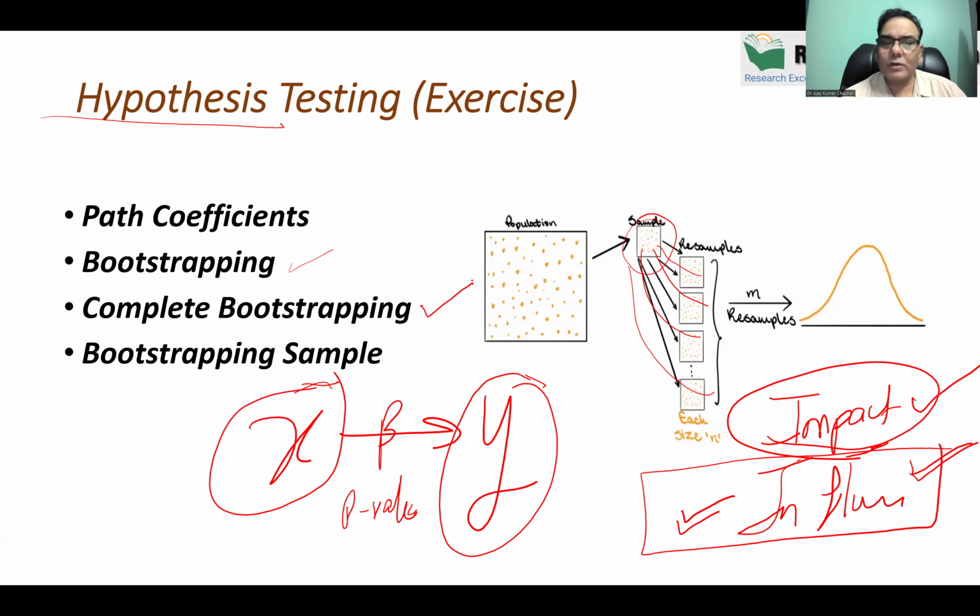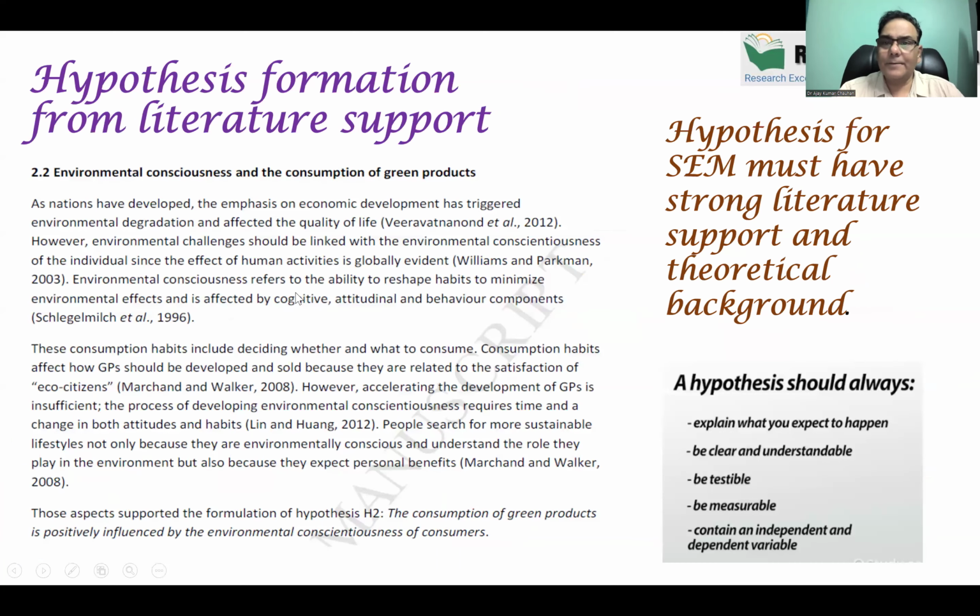We always apply complete bootstrapping. And you have to define कि मुझे bootstrapping कितने sample पे करनी है. So ideally it's 10,000 or 5,000. So these are the two standardized sample sizes for bootstrapping. I will explain in much more detail.